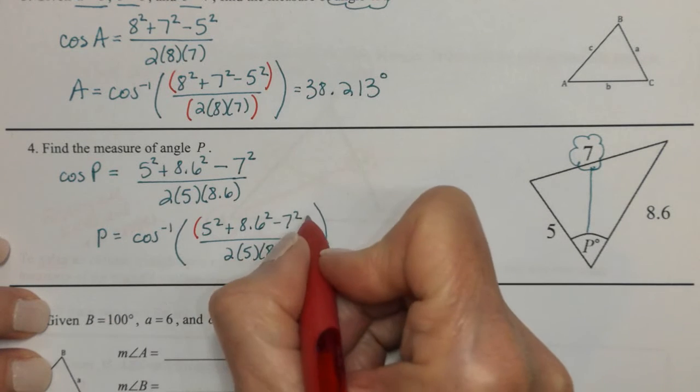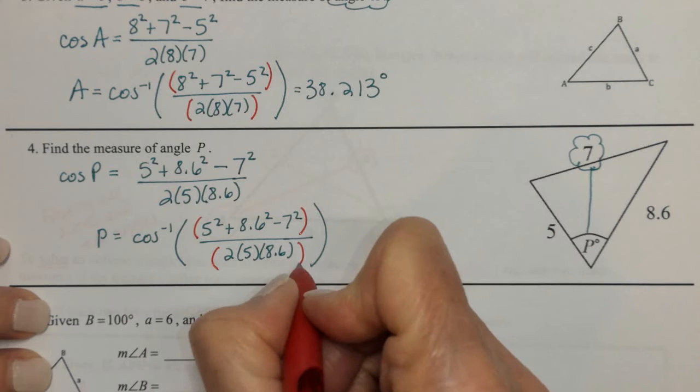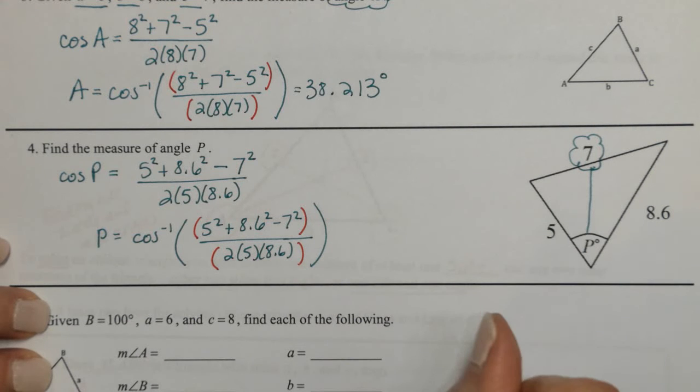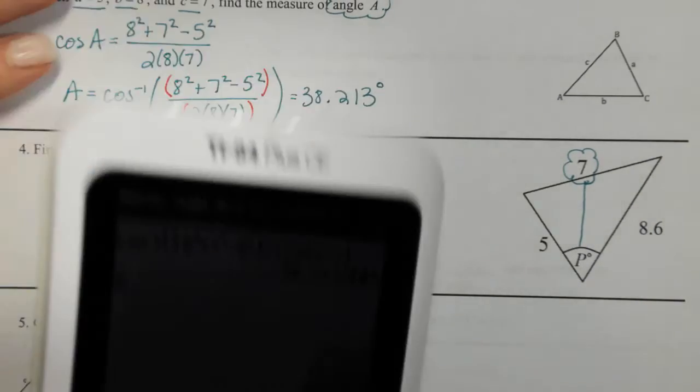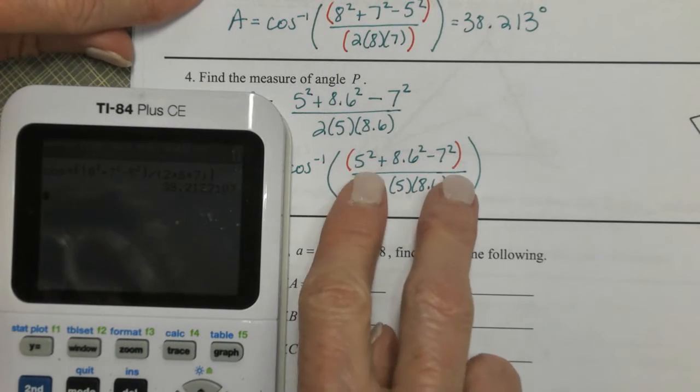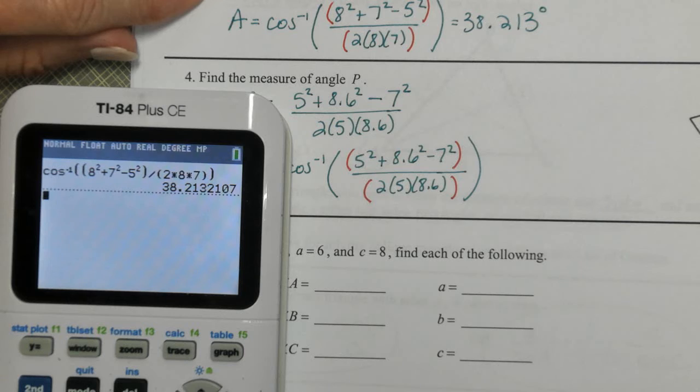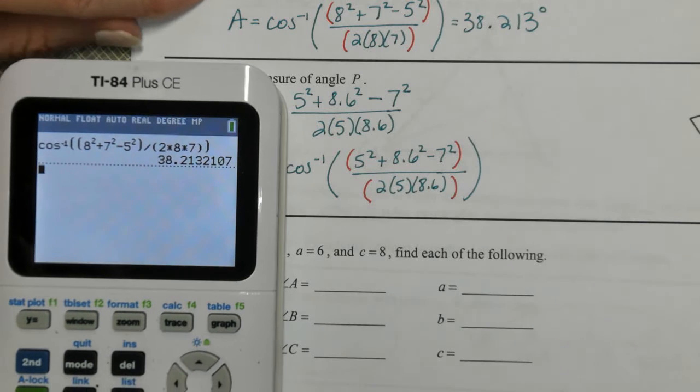Again, to reinforce this, put parentheses around your entire numerator and entire denominator when you put it in your calculator. You don't have to write it here, but definitely when you put it in your calculator, put it there.